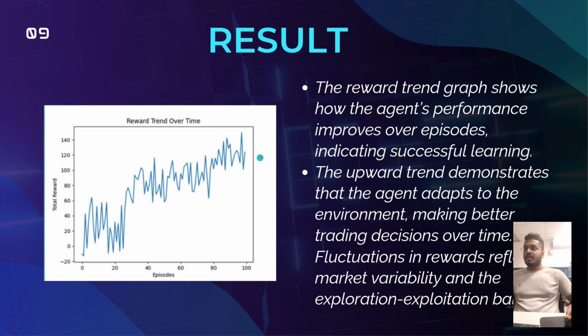The performance was assessed based on cumulative portfolio value over episodes and reward consistency across different training runs. Although basic DQN achieves reasonable performance, the results suggest future improvement could be achieved by exploring more advanced algorithms like double DQN or incorporating additional market indicators.